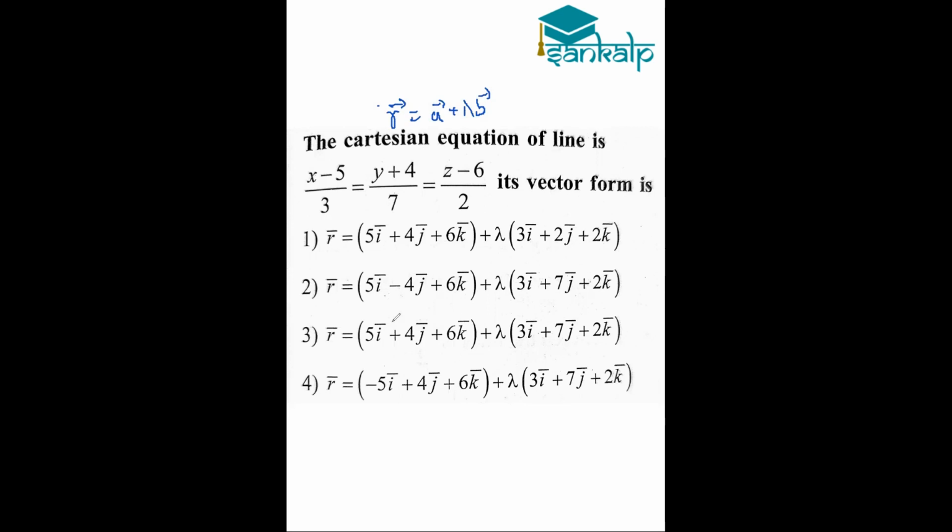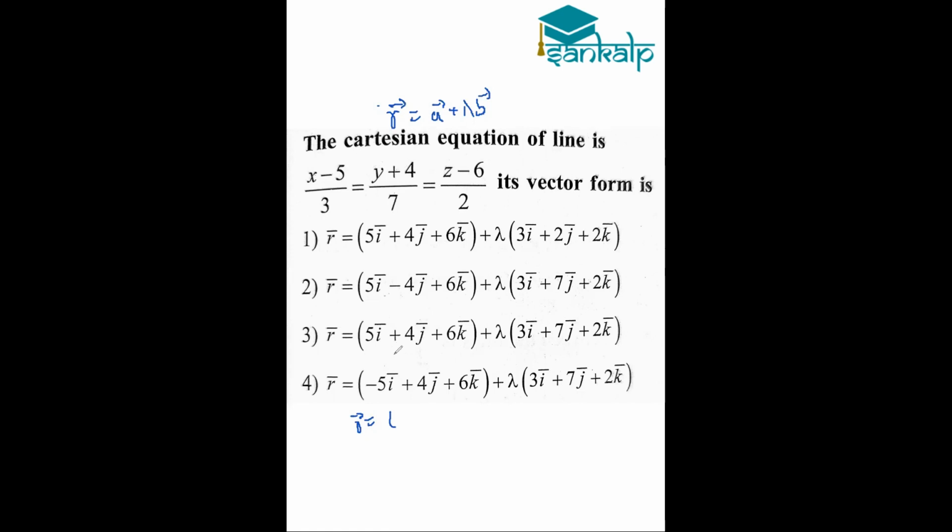So using this formula, we can write r is equal to the value of a. See, the point a will be, we need to take the reverse values, that is, multiply by minus, and write down the values of a. So minus of minus, it will be plus 5, minus 4, and plus 6.